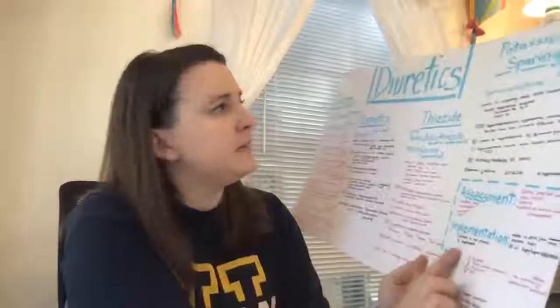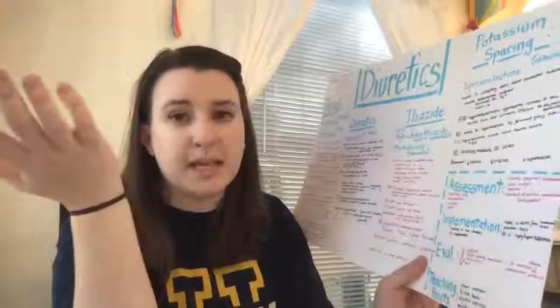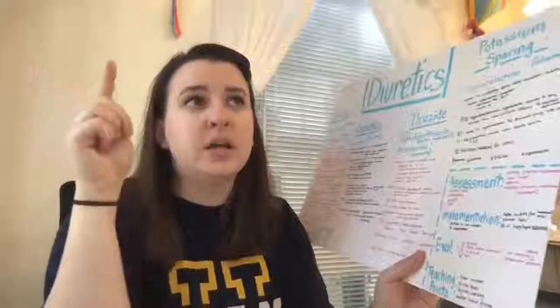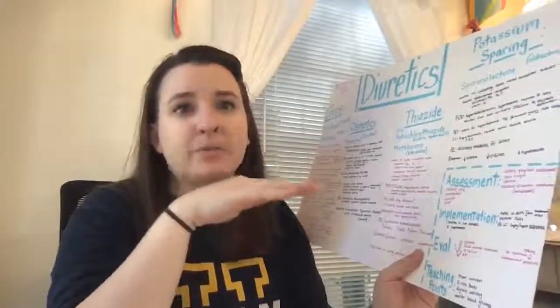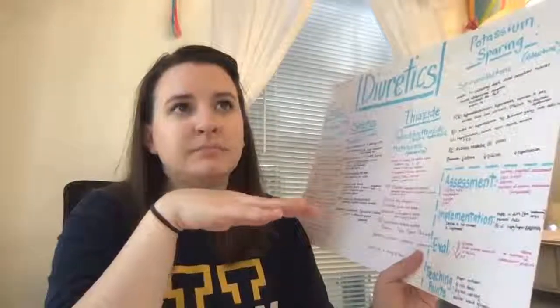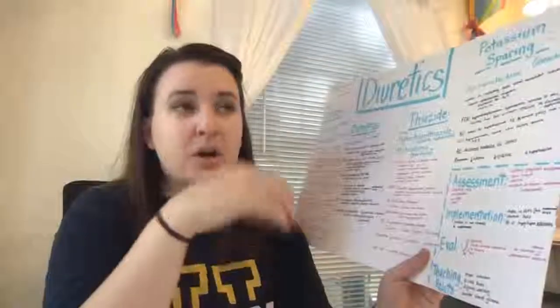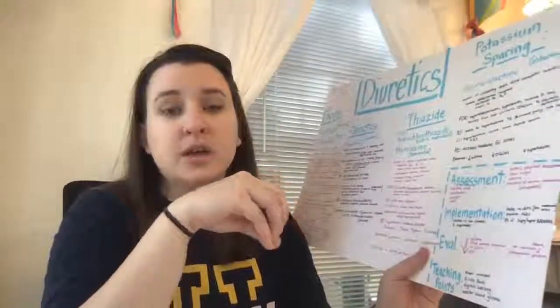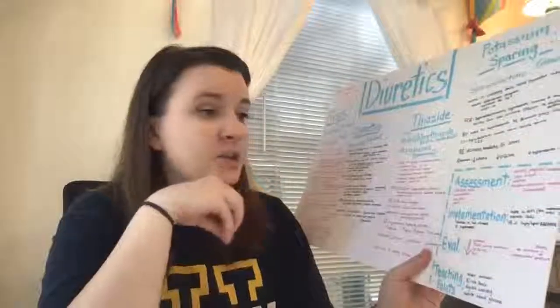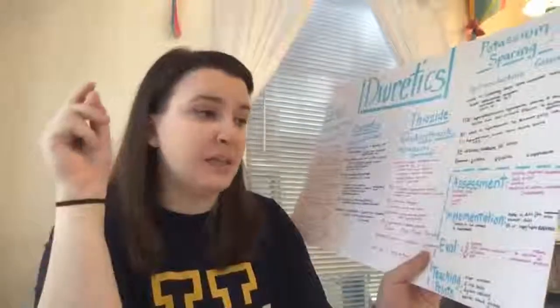When you give patients these drugs, implementation things you're going to want to remember: have your patient take this medicine in the morning to prevent bathroom trips at night. Also make sure the path from the bed to the bathroom is clear so that you can help prevent falls. You're also going to watch out for the signs and symptoms of hyperkalemia and hypokalemia.